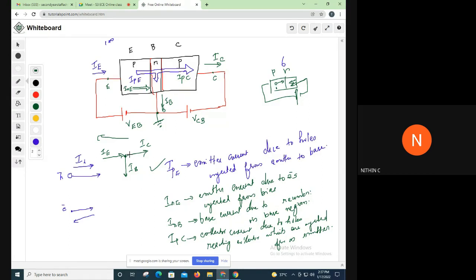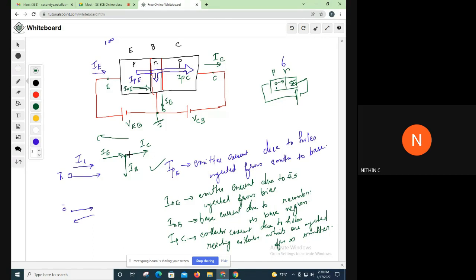What does Kirchhoff's current law say? Is that how you say it? Kirchhoff's current law is an algebraic sum. Algebraic sum means if you are giving signs, it should be algebraic.